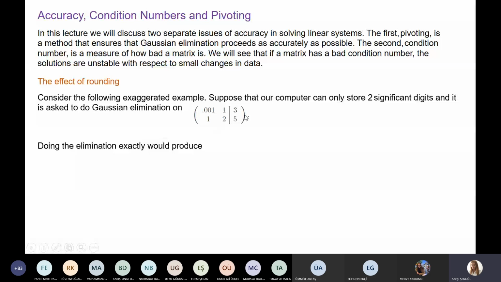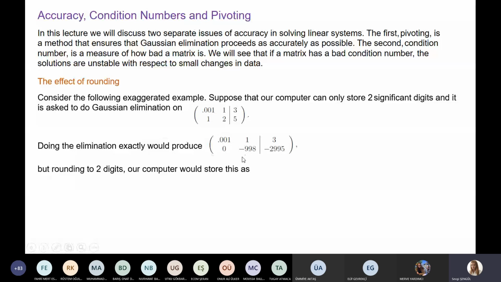So if you multiply the first one by minus 1000 and add to the second one, this is going to be 0, minus 1000 plus 2, minus 998, 3000, minus 3000 plus 5, it will be this number, negative 2995, right? So if you have this with the back substitution, you can find x and y.